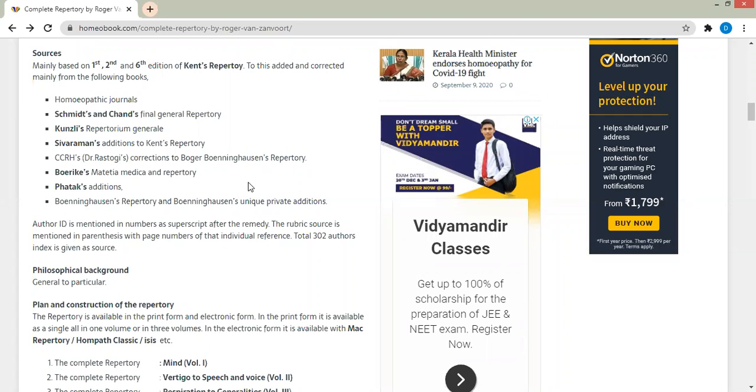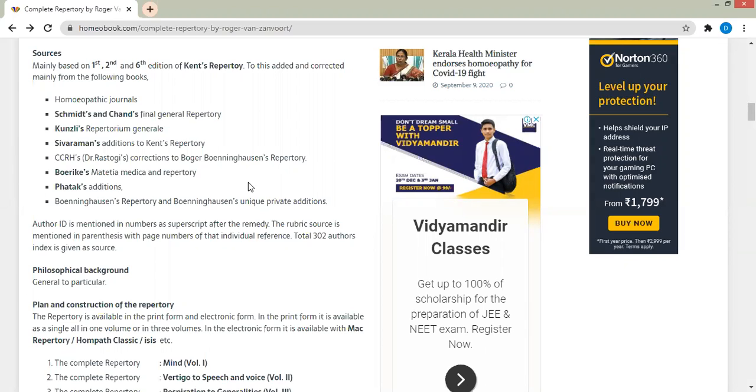So these are the 4 main sources of this repertory, and in addition to that, there are many other books as well as many other repertories which were present at that time. Dr. Van Zandvoort took the important information from those also.